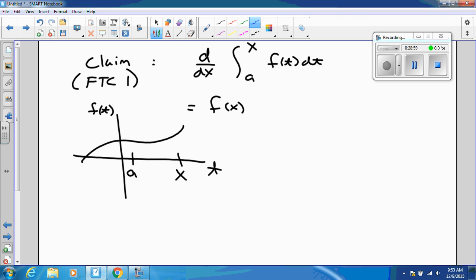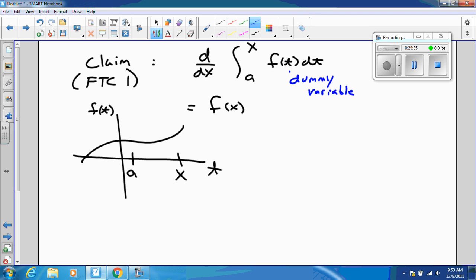This guy could easily be s or p or any other variable, because it's just a matter of labeling these guys, and then the real action happens between a and x. So we call this variable inside here sometimes a dummy variable, because its identity does not matter, as long as I don't call it x, because that would confuse matters.